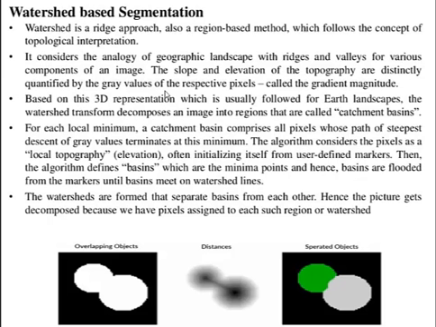So see students, this is another form of segmentation method, that is called watershed based segmentation. Here the 3D shape is usually transformed into an image that contains catchment basins. See here it is catchment basins. For example, consider the example of earth landscape.